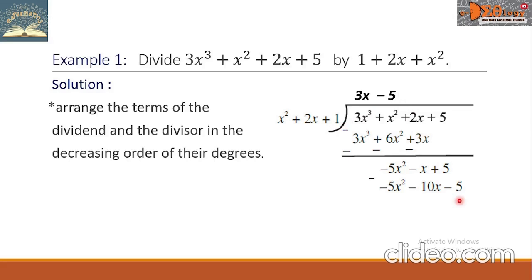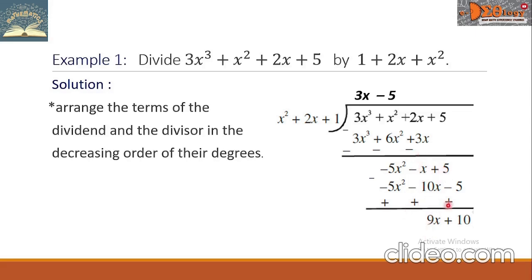Then we subtract. We change the signs of the terms of our subtrahend. This negative 5x squared becomes positive, the negative 10x becomes positive, and this negative 5 becomes positive. Then we add. The negative 5x squared and positive 5x squared cancel out. Then negative x plus 10x is 9x.